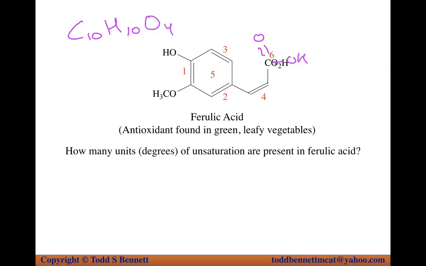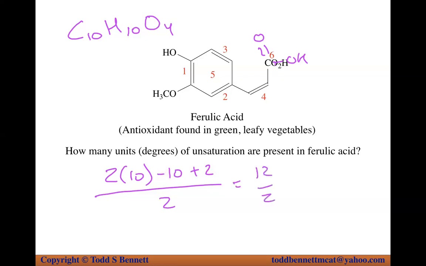So let's see how we do. I would say 2 times 10 for the carbons, minus 10 for the H. Do nothing for the oxygen, plus 2 for the end of the chain, divided by 2. So we get 20 minus 10 is 10, plus 2 equals 12, over 2, which equals 6. It matches 1, 2, 3, 4, 5, 6. We're set. So it works for formula or structure.